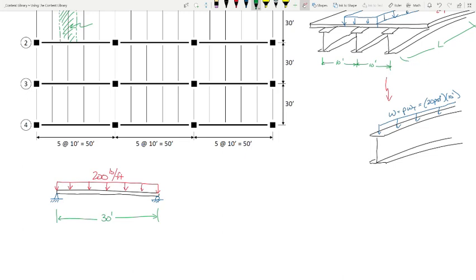Well, I didn't, you did. For example, what is the vertical reaction? WL over 2?